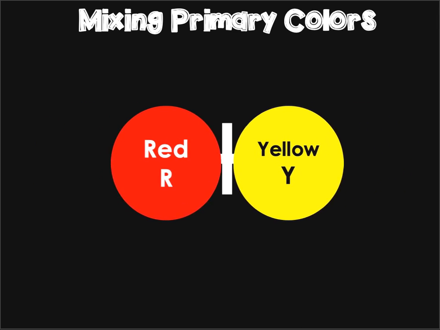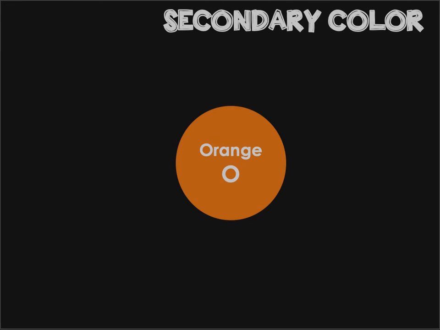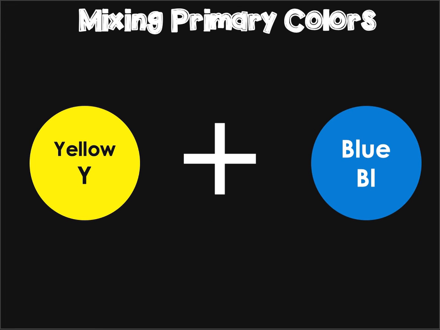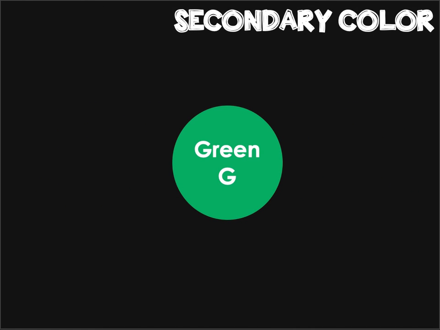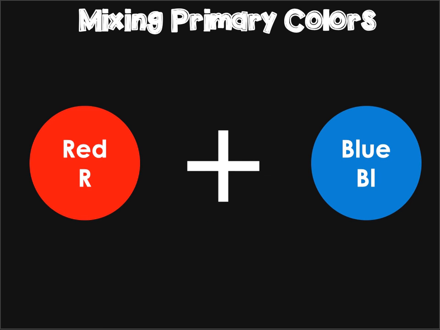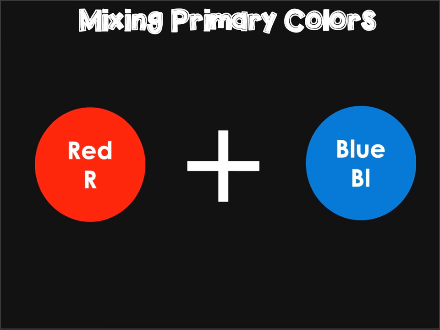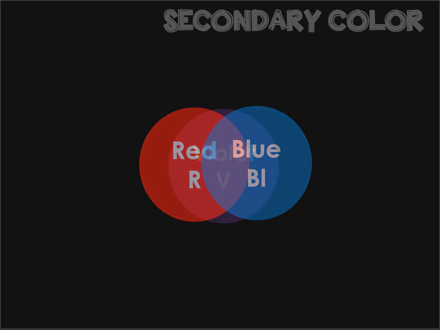When they mix together, they make a secondary color of orange. A primary yellow and a primary blue, when they mix together, they make a secondary green. A primary of red and a primary of blue, when they mix together, they make a secondary of violet.